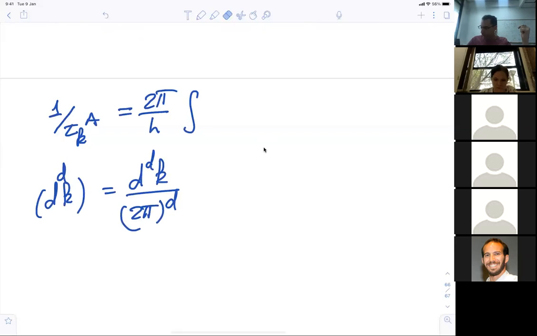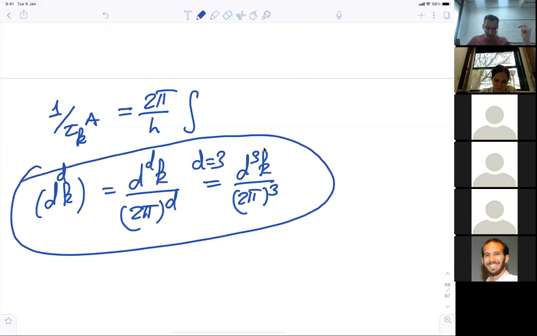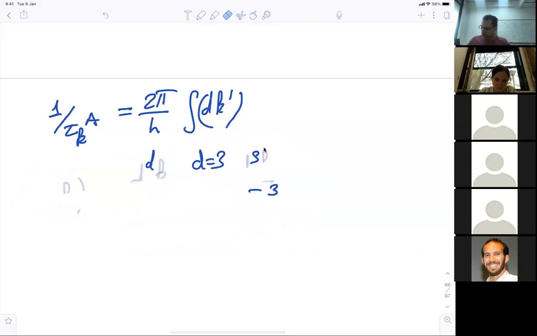So in particular, d^3 k over (2 pi)^3 for d equals 3. This will be a notation that will simplify integrals. So this is d k prime, and all the factors of 2 pi are inside.